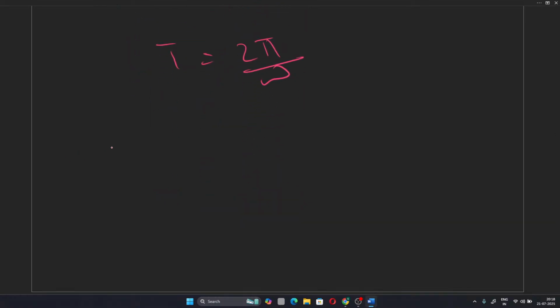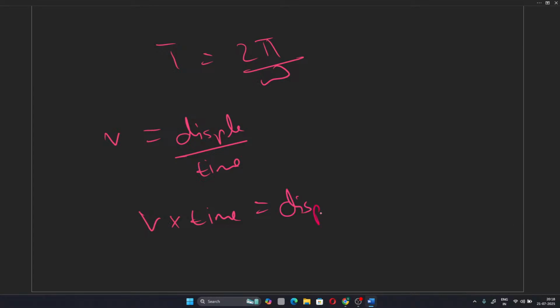And velocity equals displacement by time, so velocity times time equals displacement.